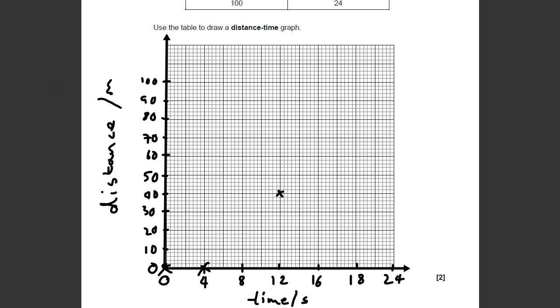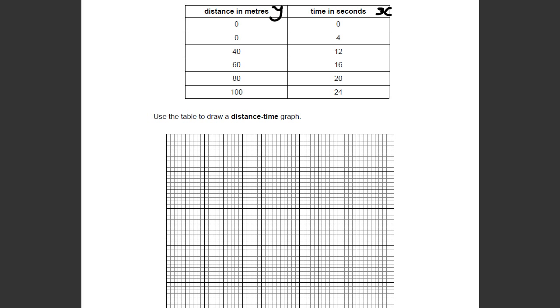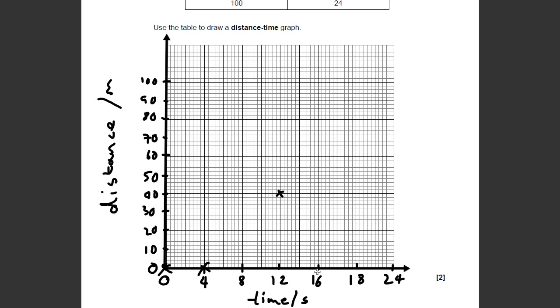And what? 16 and 60, 20 and 80, 24 and 100, and then the points.